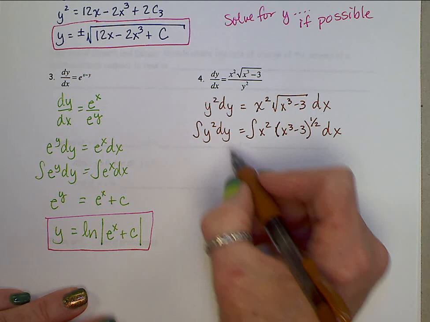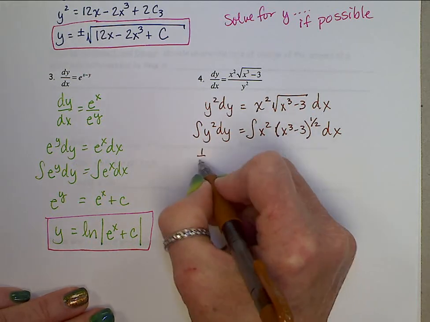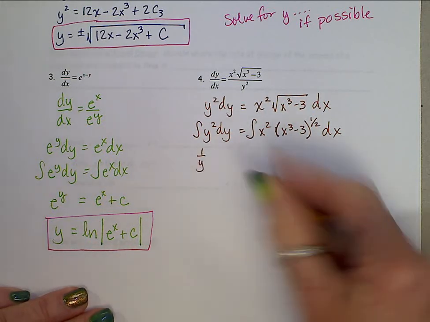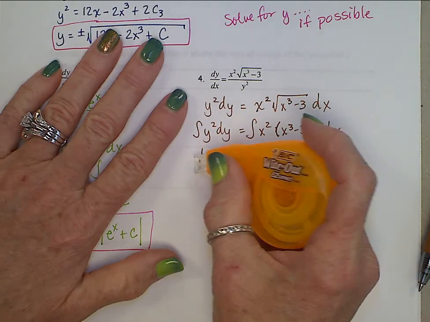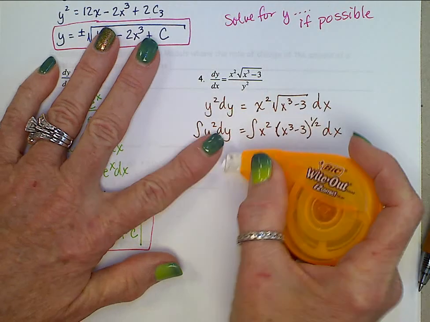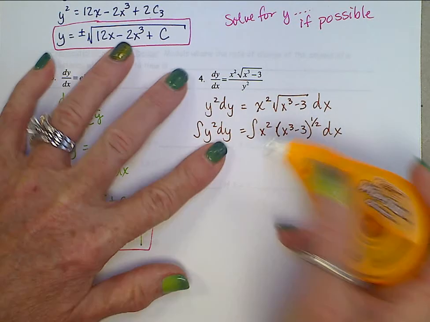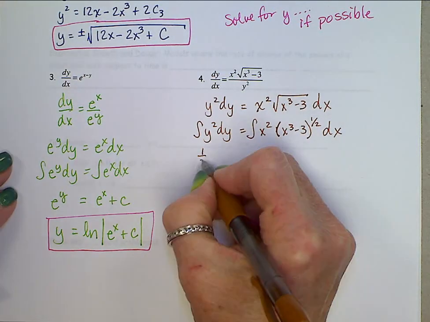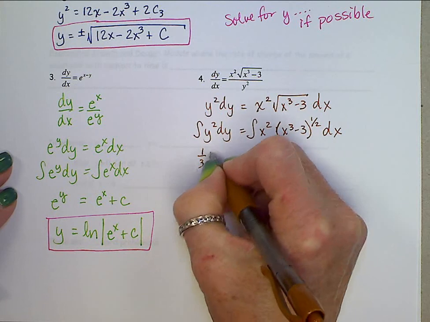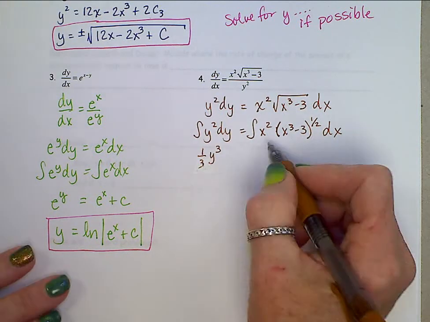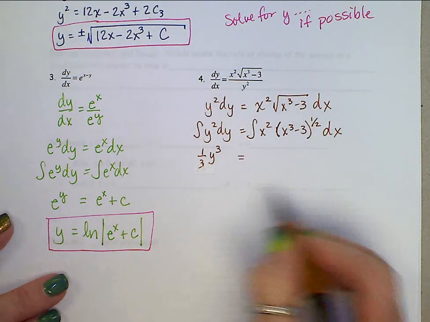Left-hand side we can antidifferentiate very nicely as 1/3 y cubed. Oops. I think I'm going too fast here. Making some mistakes. I'm sorry. 1/3 y cubed plus c, but we are going to hold that plus c to the other side.